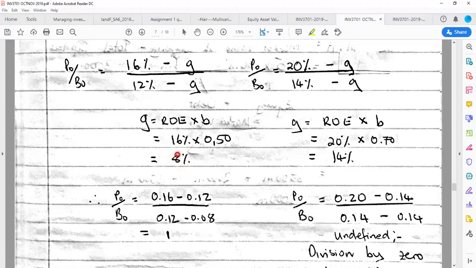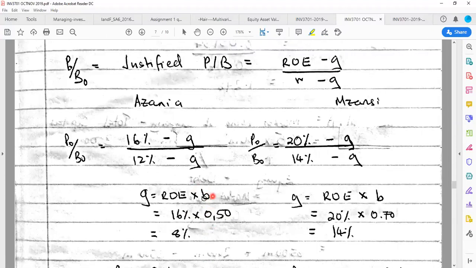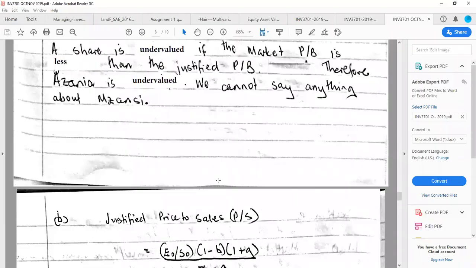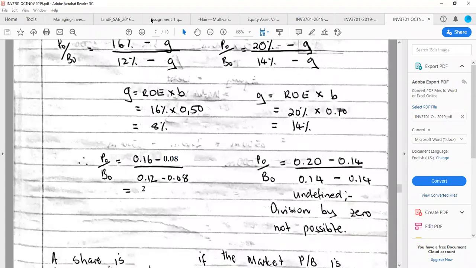So we get the growth rate, and then we substitute that growth rate to help us to calculate the price to book for Azania based on forecasted fundamentals, once we've got the 8% in our growth rate.